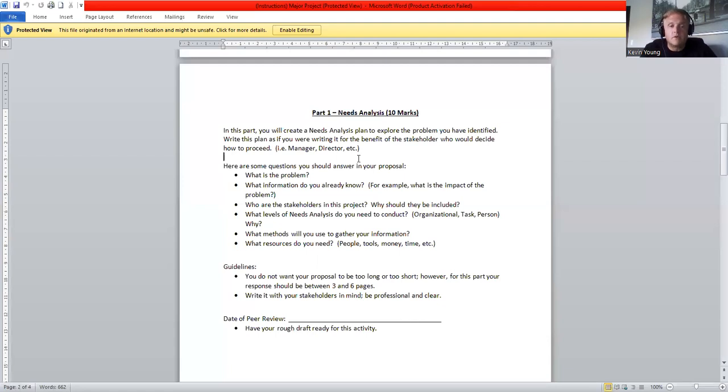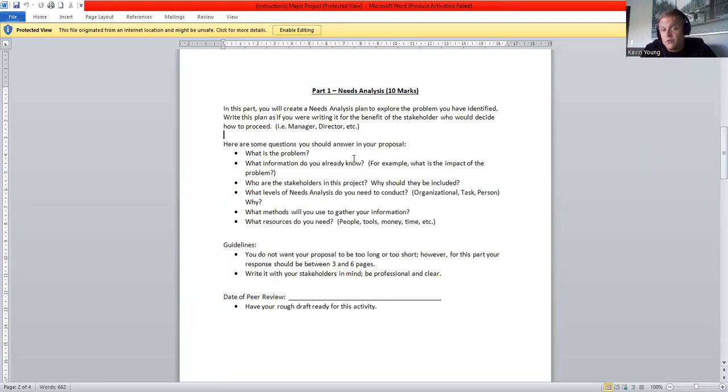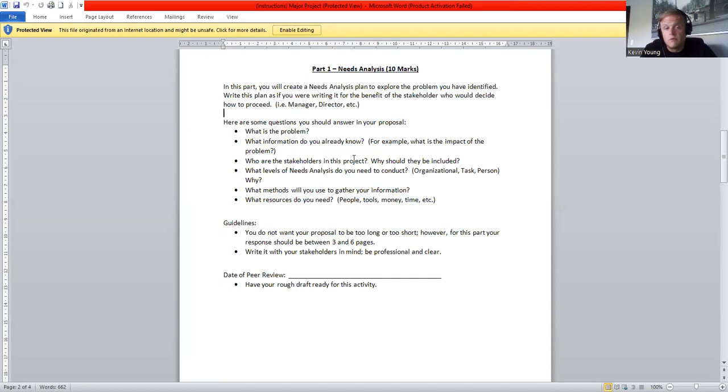Some questions you can answer in your proposal: What's the problem? What information do you already know? Who are the stakeholders and why should these particular stakeholders be included? What level of analysis do you need to conduct? What methods will you use? What resources will you require?